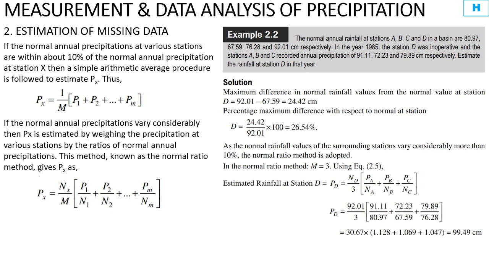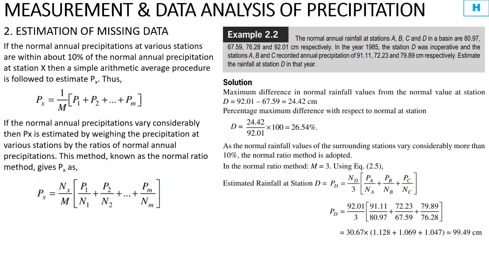So, yun yung maximum difference, 24.42. And if ito, i-divide mo dun sa 92.01, which is the normal annual precipitation ng missing data na station D, you will get 26.54%. And this is greater than 10%, so hindi mo magagamit to. Pag less than 10% ito, like 9% na nakuha mo dito, ito na yung gagamitin natin. But since greater than 10 siya, ito yung gagamitin natin.